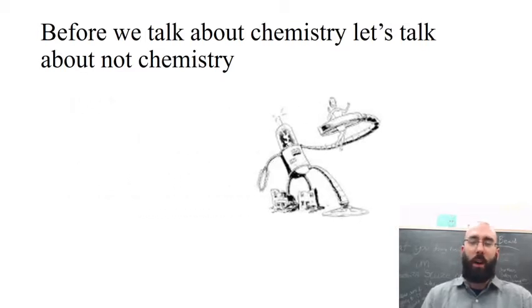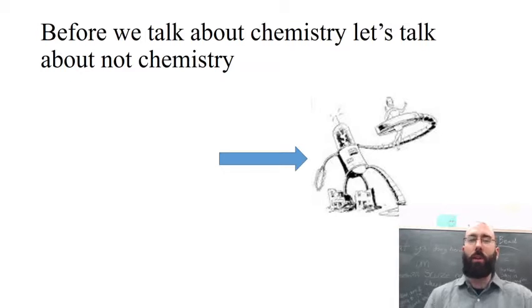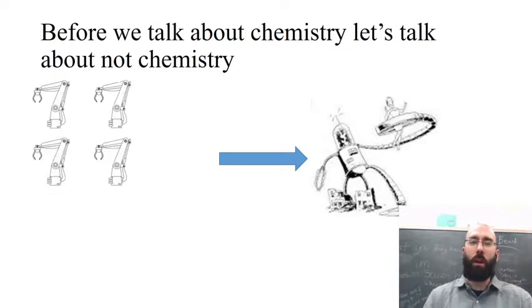If this is our end goal, we're going to need some parts for our robot. Let's say we need an arm. And since our robot's going to take over the world, we probably want 4 arms, right? Because no robot with 1 arm is going to take over the world.